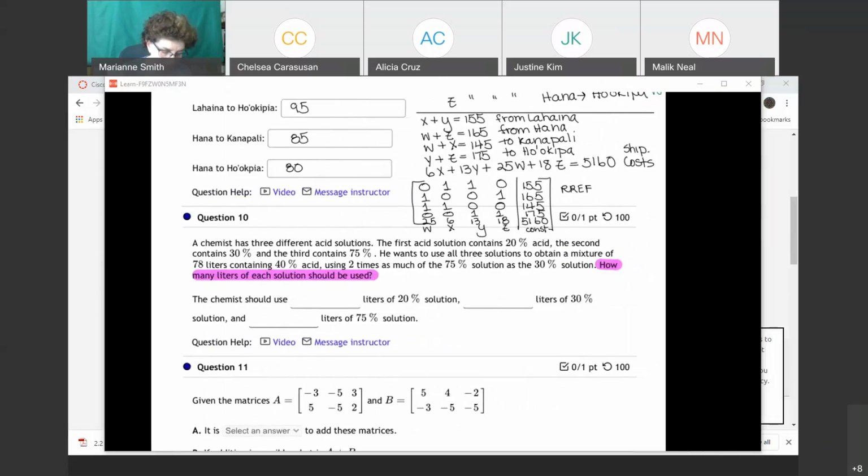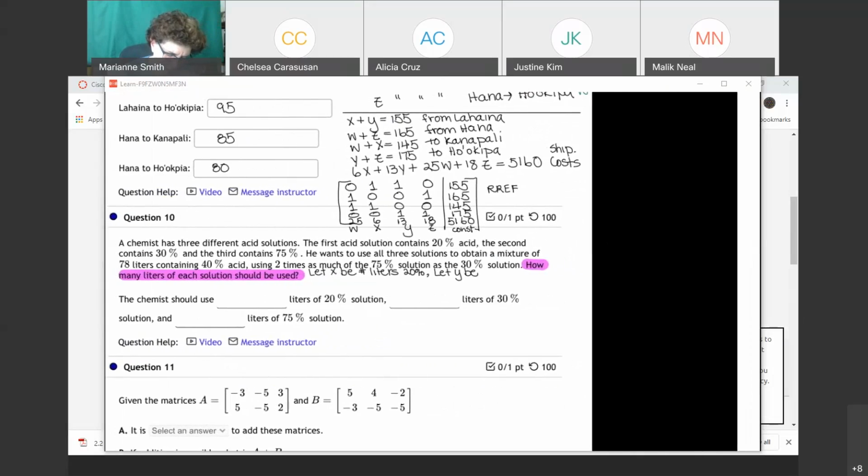Well, I've got 3 different solutions. So I'm going to say let X be the number of liters of the 20%. Let Y be the number of liters of the 30%.